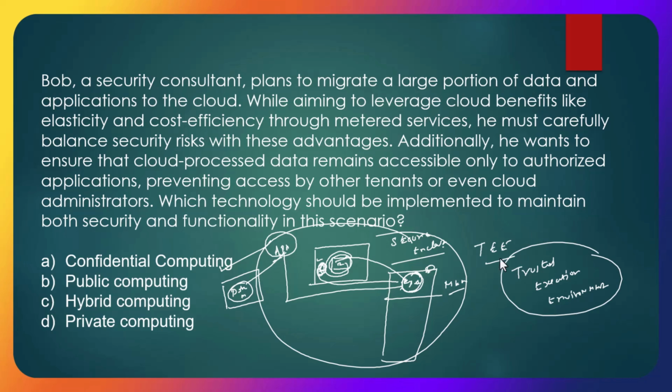Even any other applications, cloud admins, or other tenants will not be able to access the data, because even in the memory it is in encrypted form, and it is processed in a secure enclave inside the processor. That is why it is very secure, that too in the public cloud where we have multi-tenancy. Now many CSPs provide this feature using the technology called confidential computing. That is why the answer here is A for alpha.